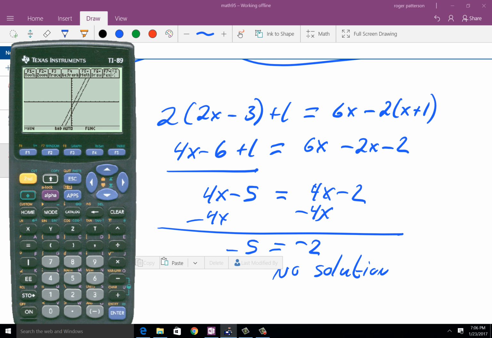Where do they intersect? They don't, because they're parallel. Yep. Okay. That's what happens there. All right. Good. Desmos gives you the same thing. And if you made a table, you'd never see them be equal.